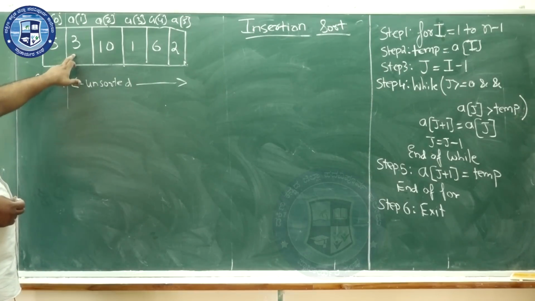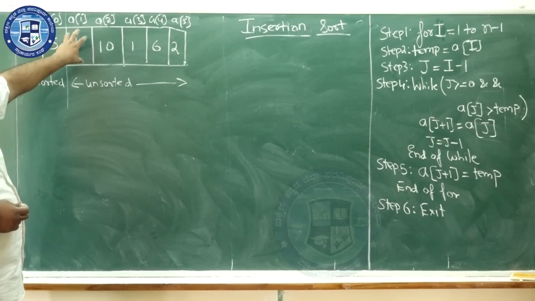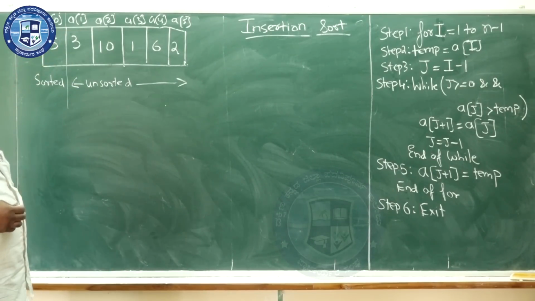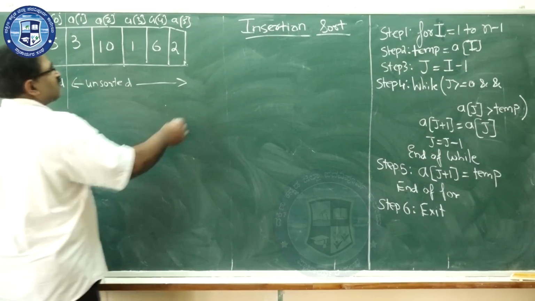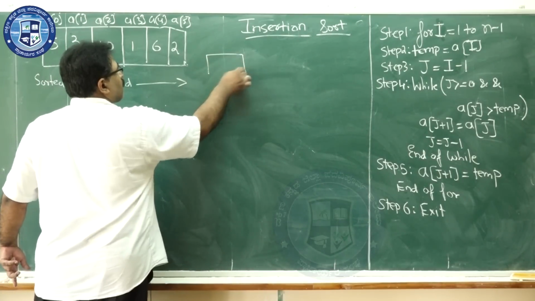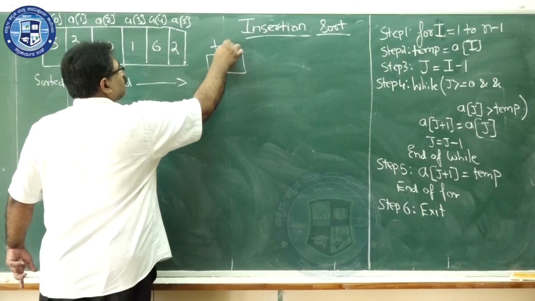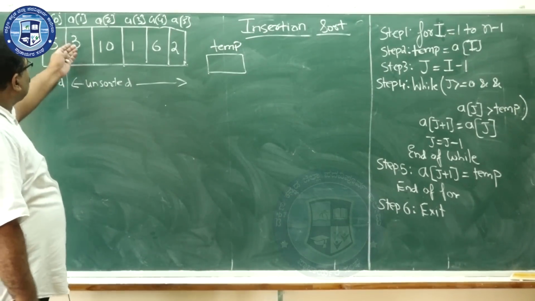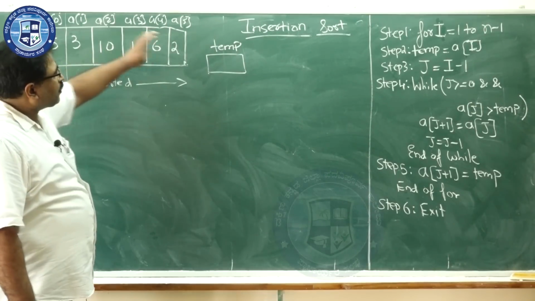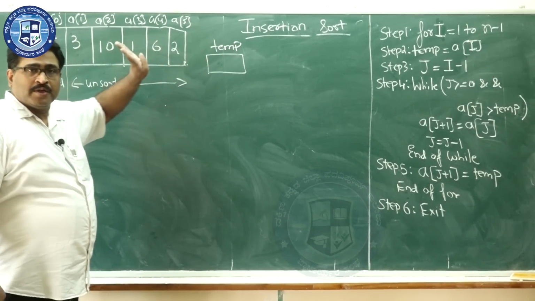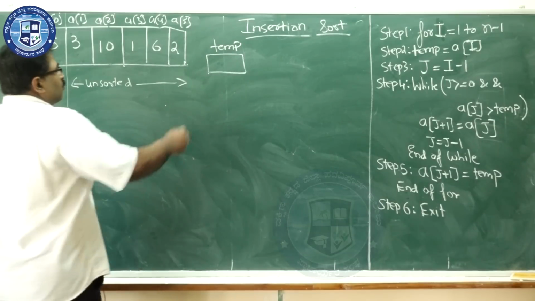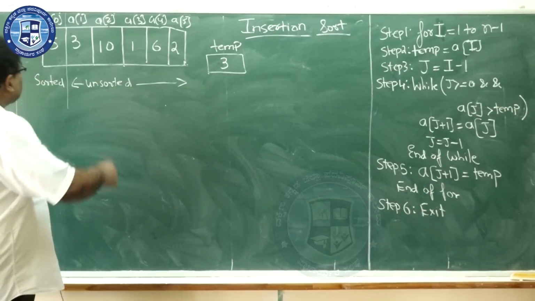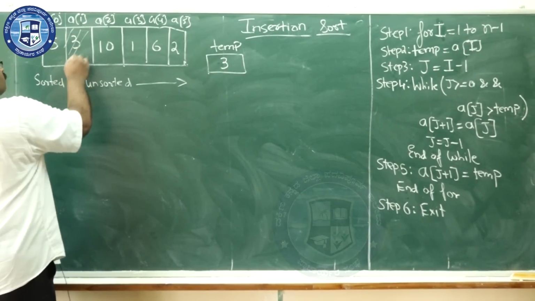Now what is the step? What we do here is, we take the first element of the unsorted part and place it in a variable called temp. So we are just transferring this value to this particular variable. So now what will this variable consist of? 3. So it means this becomes empty.